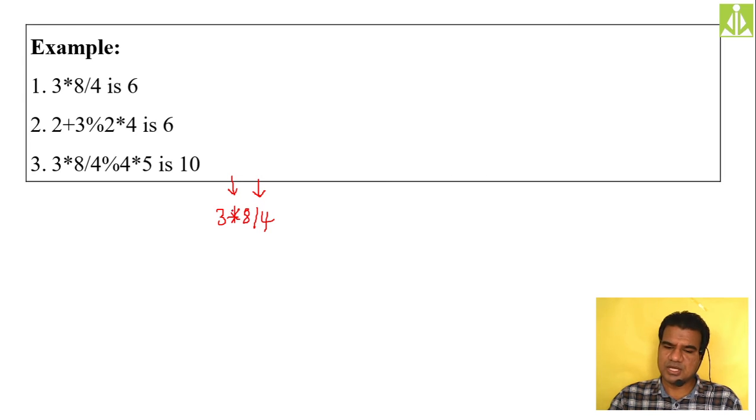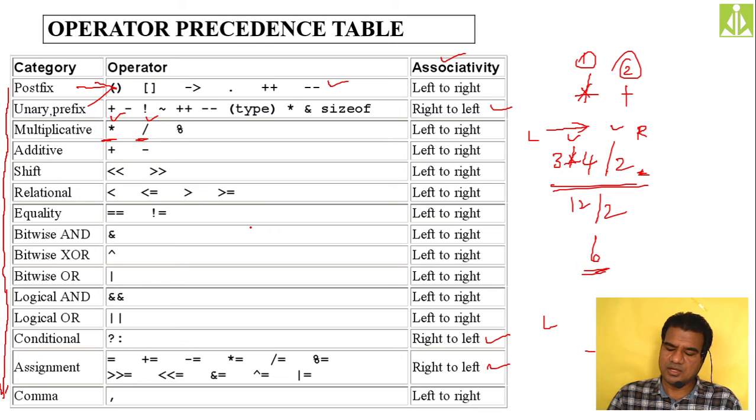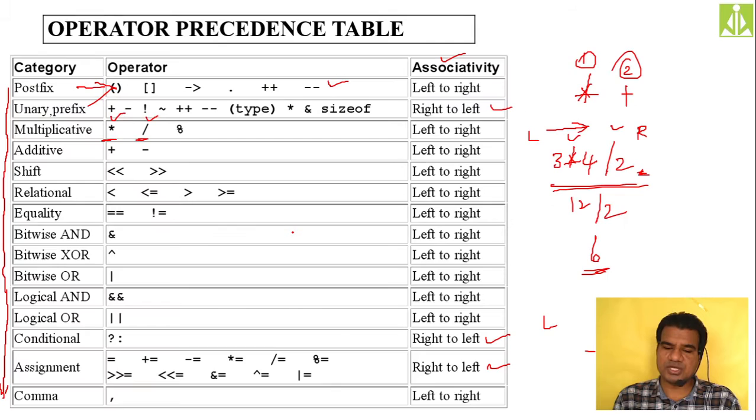Here multiplication and division are both at the same precedence level. So now we have to apply the associativity. This is my left and this is my right.